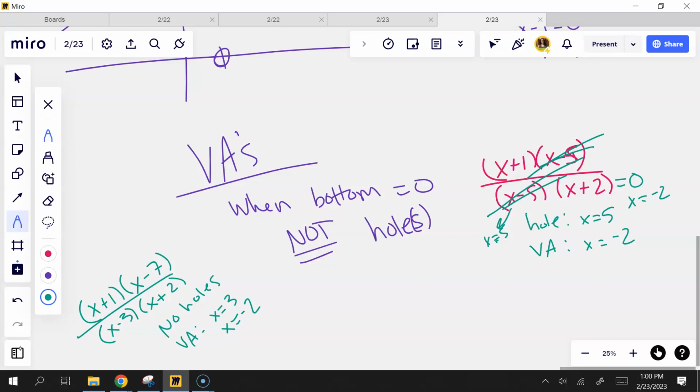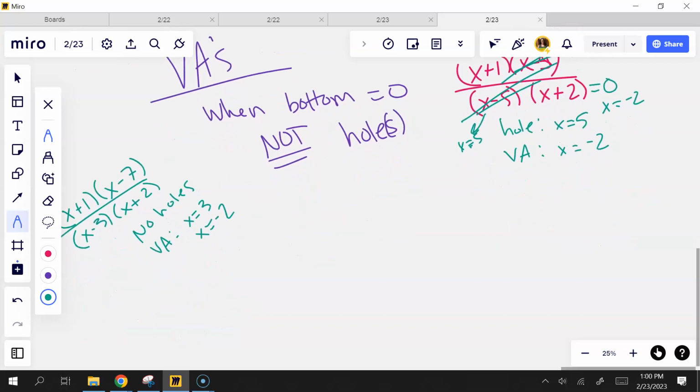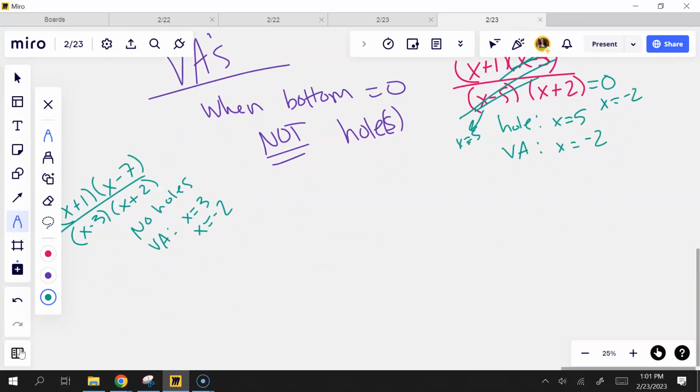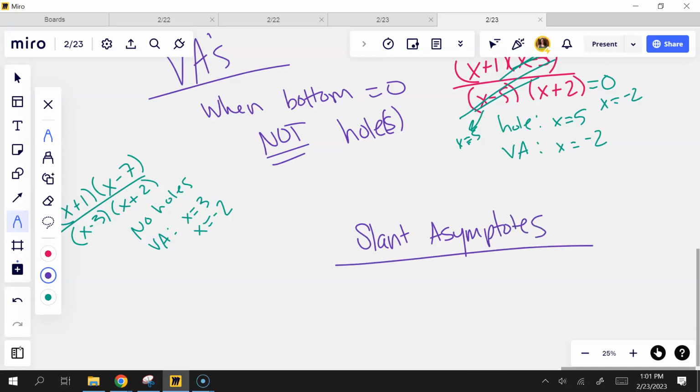All right. Slant asymptote. Now we don't just have vertical and horizontal. Yay! Slant, we have diagonal asymptotes. We didn't do this last year. This is new. It doesn't always happen. But here's when it happens.